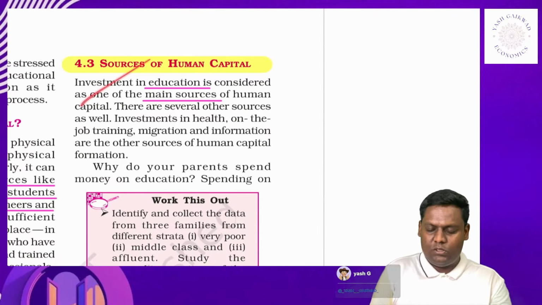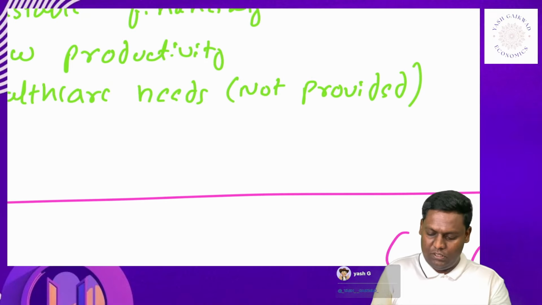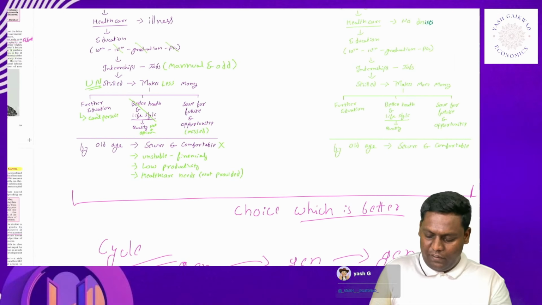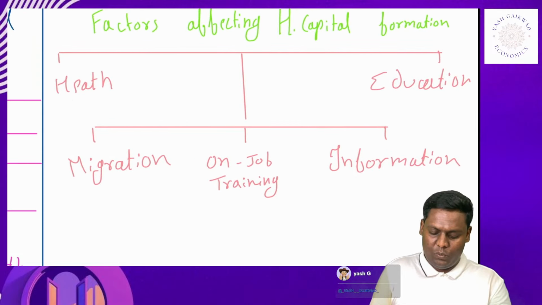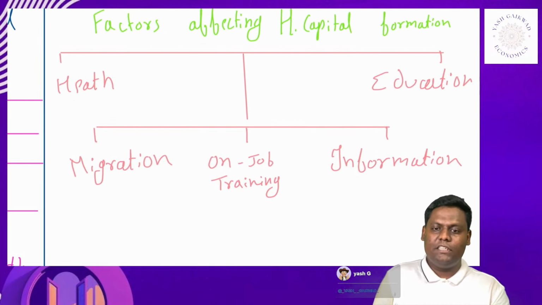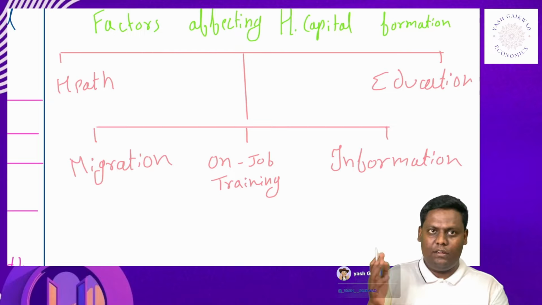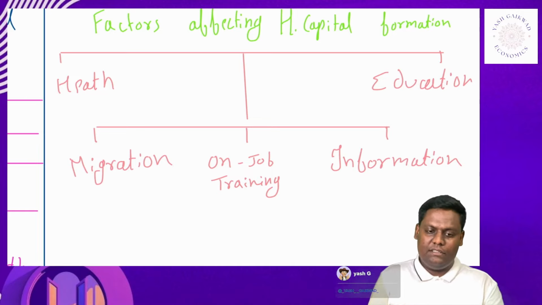Now, let us look at the sources of human capital formation. If you talk widely, the sources can be the following. Number one is health. If a person is in good condition, physically and mentally, he'll be able to give his 100% on the job at hand, and thus his productivity would be much better.